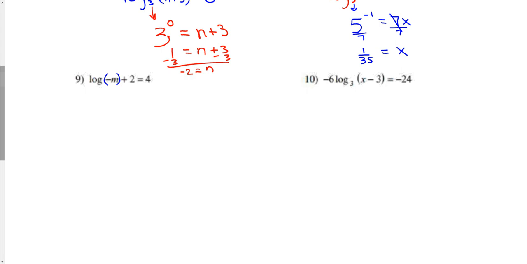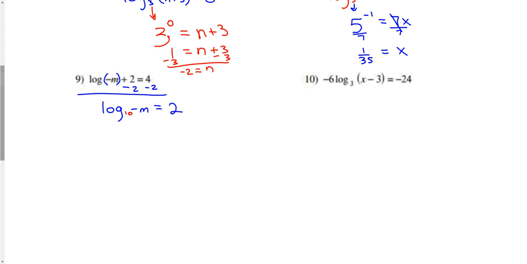So we have to subtract the 2. If we wanted all of that stuff inside the log, we would have put it all inside of parentheses. So that means the 2 is not in. So we have log of negative m equals 2. What's our base? 10. Yeah, it's blank, so it's a 10.